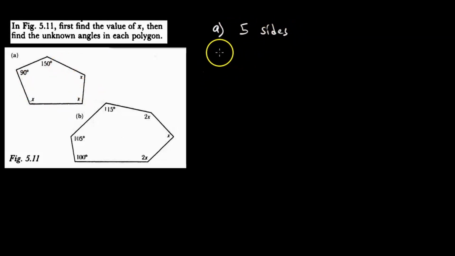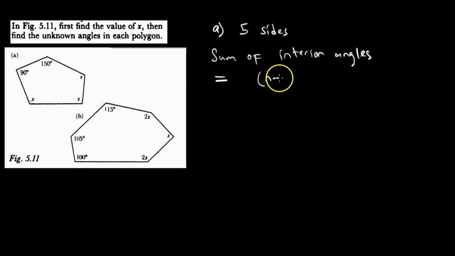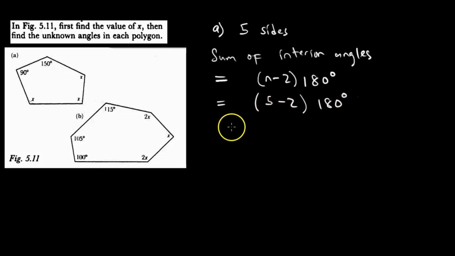Then the next step, what we need now is the sum of interior angles. So the sum of interior angles of a pentagon is equal to n minus 2 multiplied by 180 degrees, which is equal to 5 minus 2 times 180 degrees, which is 3 times 180 degrees, giving us what?